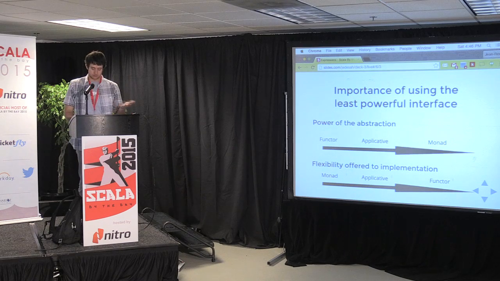You can express any computation with monad, but it limits the flexibility when you're implementing the instance of the type class for Monad, for instance. You can ask me questions or watch my other talk, but basically it's impossible to define a monad for future that fails fast. Well, actually, impossible.